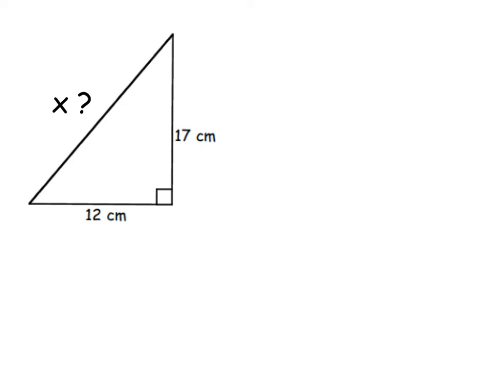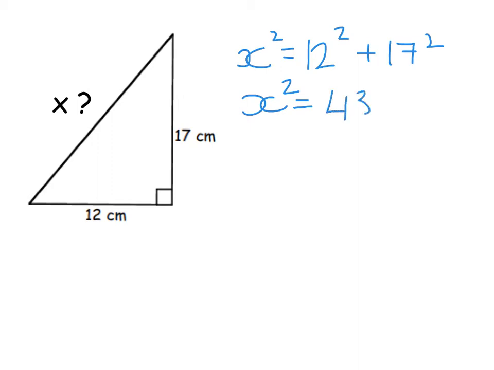Here's my next one. The numbers in the triangle are 12 and 17, so we put them straight into the formula. x squared equals 12 squared plus 17 squared. Again, you don't have to write out that that's 144 plus whatever. I don't even know what 17 squared is off the top of my head. You don't need to, because you've got a calculator. So type in 12 squared plus 17 squared, you get the number 433.